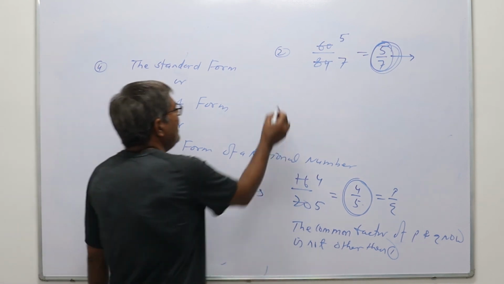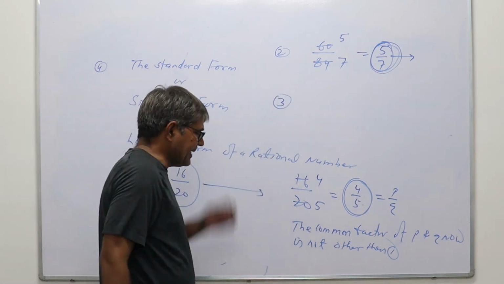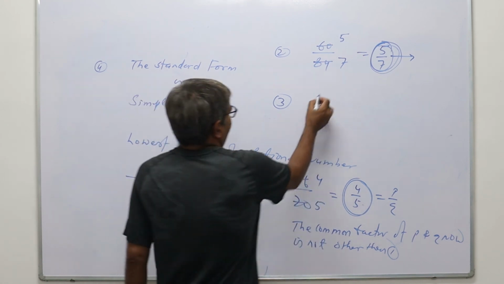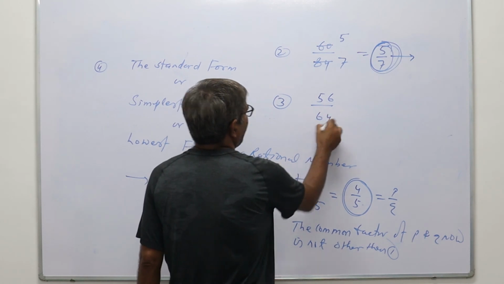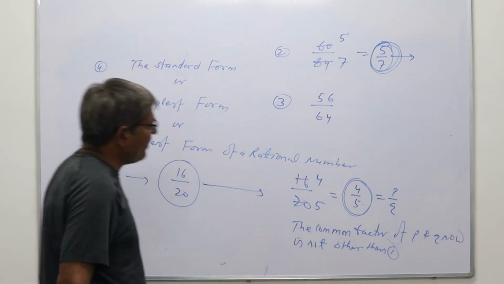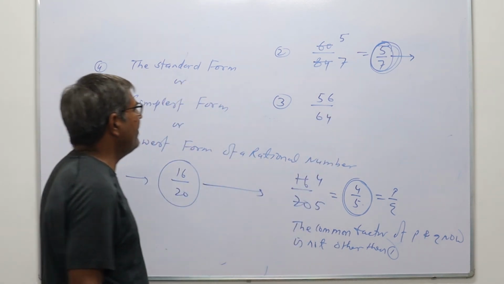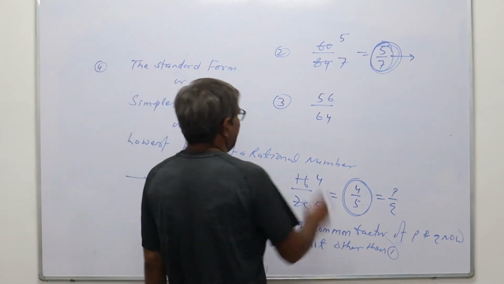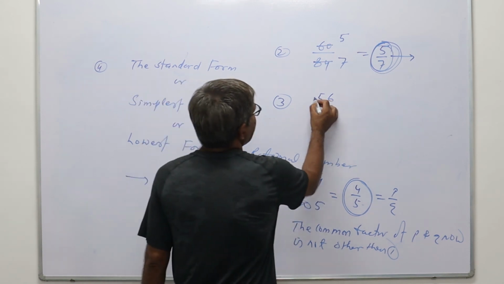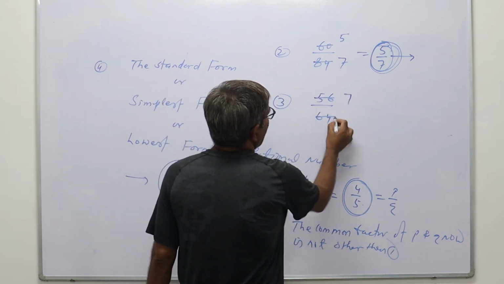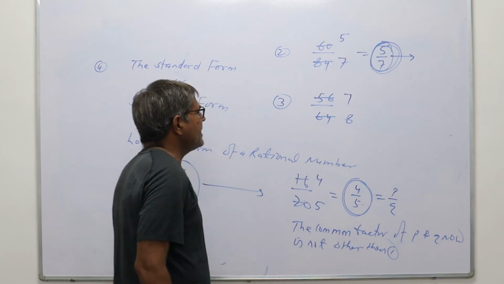One more example. For example, the given fraction is 56 upon 64. Then what is the common factor? First, if we divide by 8, then 8 sevens are 56 and 8 eights are 64.